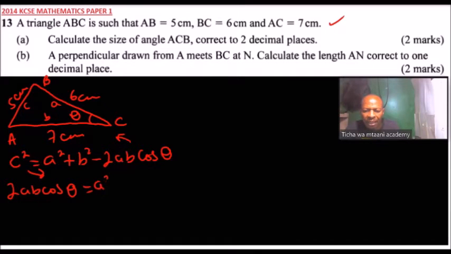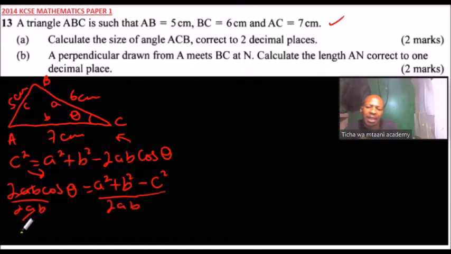So we have a squared plus b squared, now we minus c squared. Let's divide both sides by 2ab to have cosine of theta on one side. So we can cancel that. So we have cosine of theta is equal to a squared plus b squared minus c squared divided by 2ab.